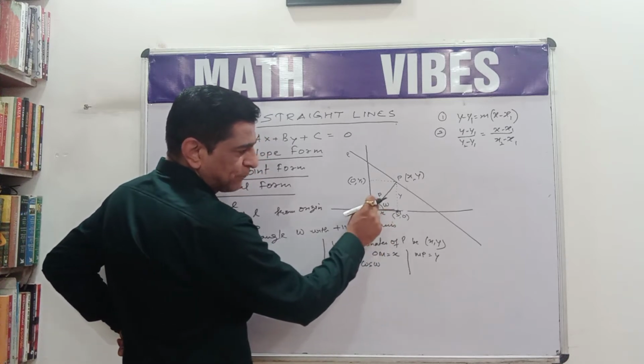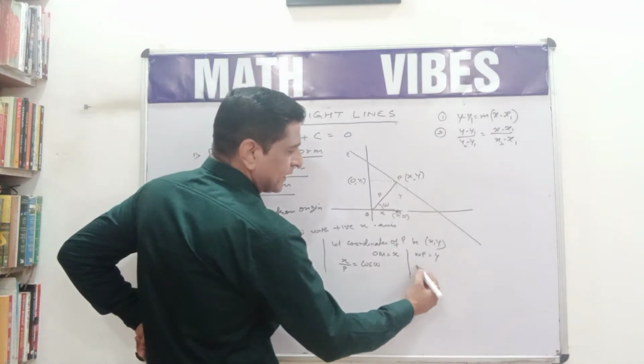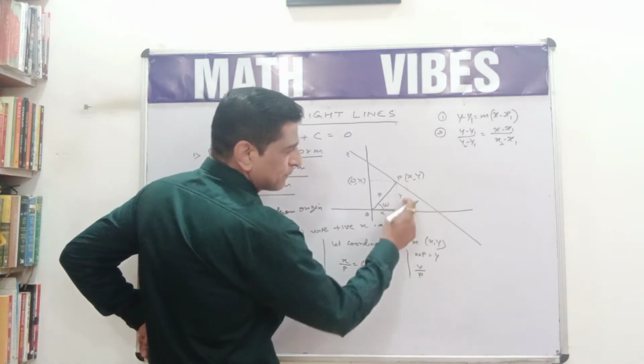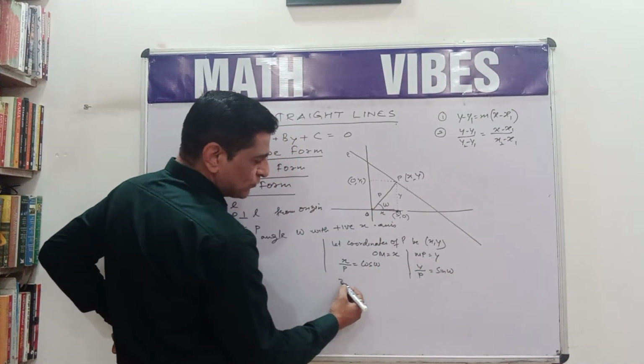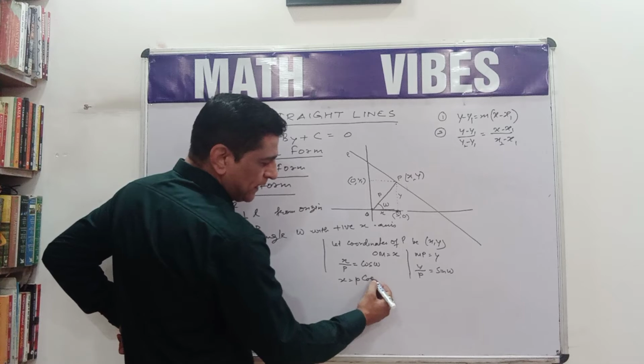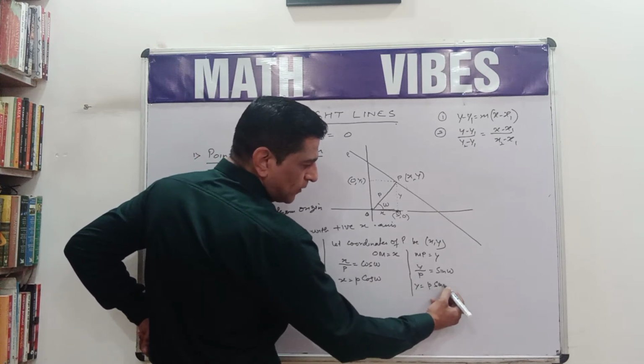And y by p is perpendicular by hypotenuse, that is sine omega. So x will be p cos omega and y will be p sine omega.